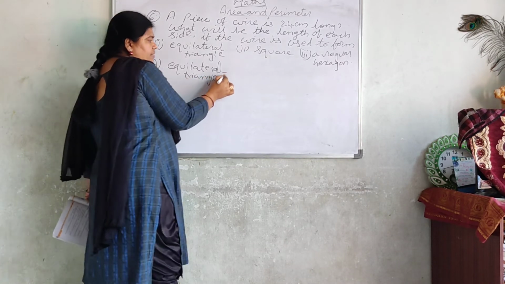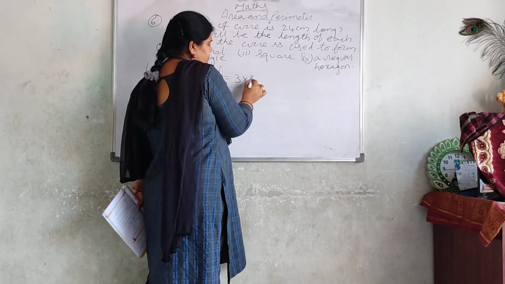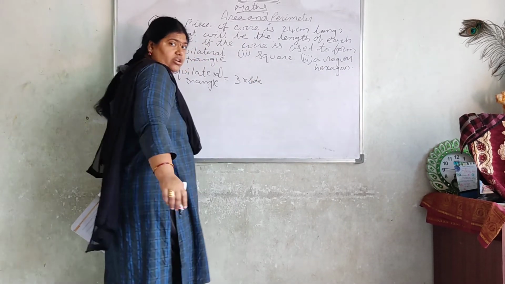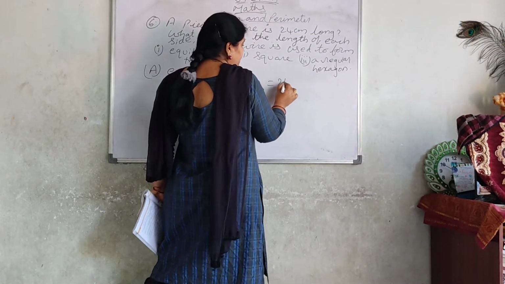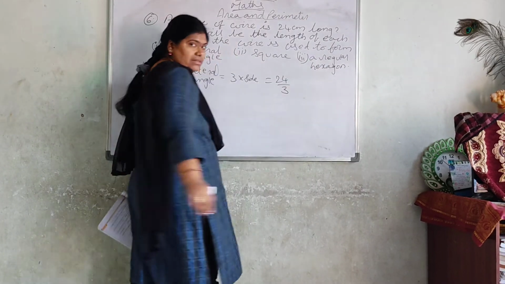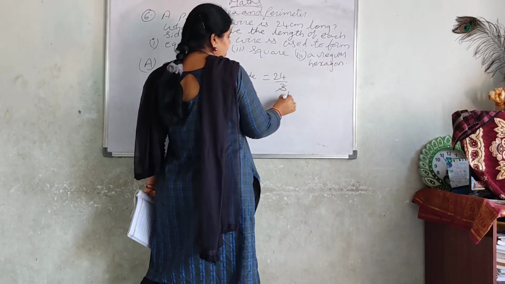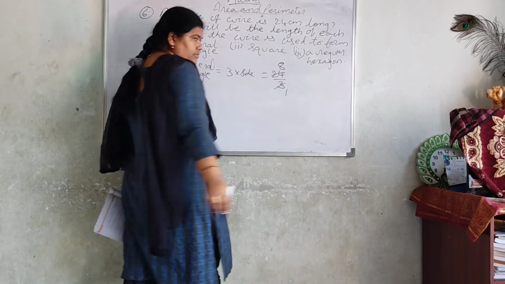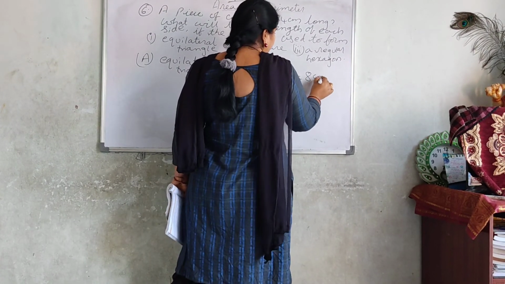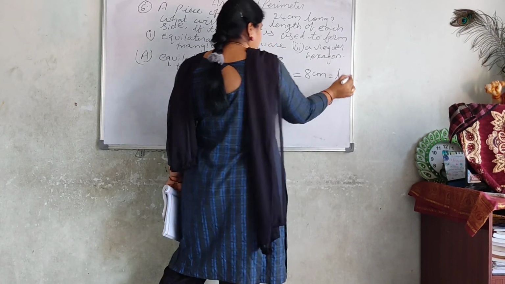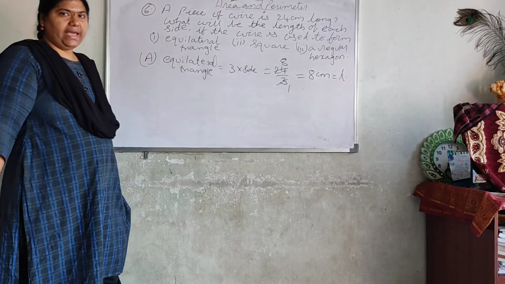Equilateral triangle will have 3 sides. Is it correct or not? Now what is the length of that rope? 24. So 24 divided by 3. 3 ones are 3. 3 eights are 24. So one side length is equal to 8 centimeters.